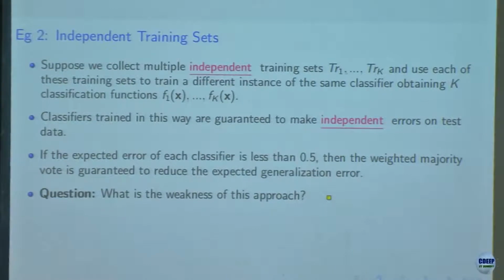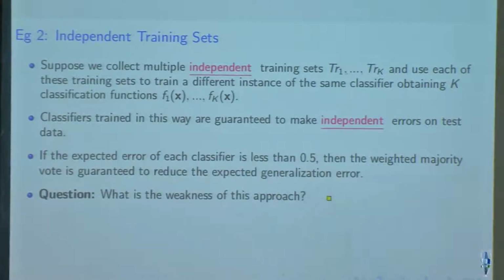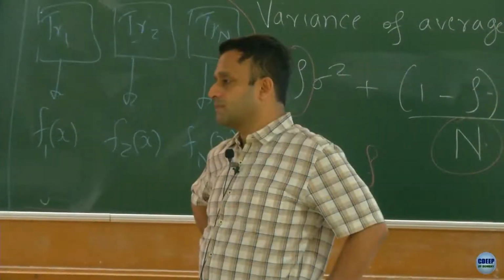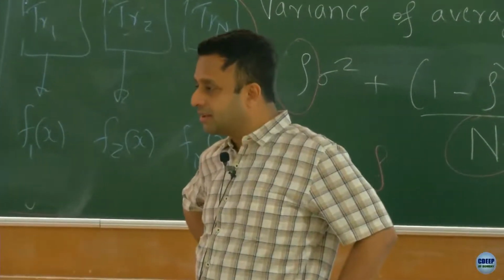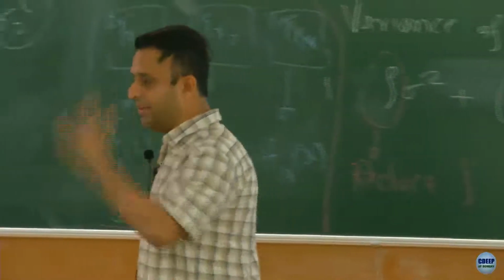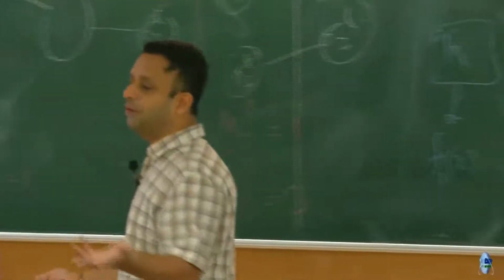So if the expected error of such a classifier is less than 0.5, then the weighted majority is guaranteed to reduce the expected generalization error. So the error of course should be less than 0.5. The 0.5, as I said in the beginning itself, makes sense only for two classes.